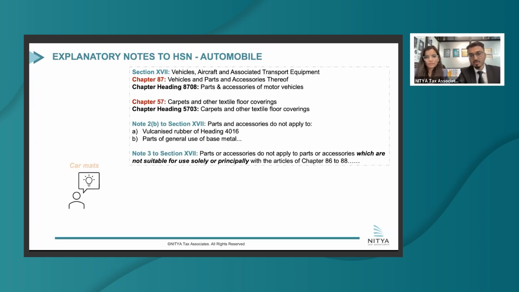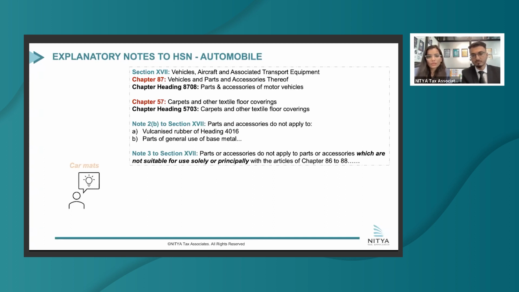Similarly, note 3 provides that parts and accessories referred to in Chapter 87 do not apply to those which are not suitable for use solely or principally with articles of Chapter 87. So to get to the crux, heading 8708 covers parts and accessories, and heading 5703 specifically covers carpets and other textile floor coverings.